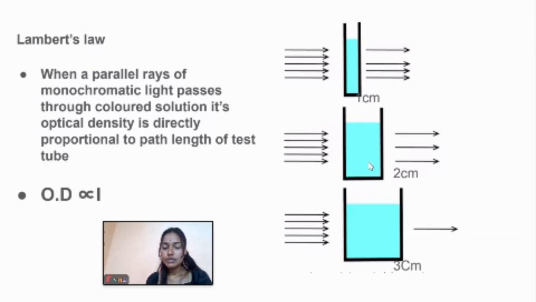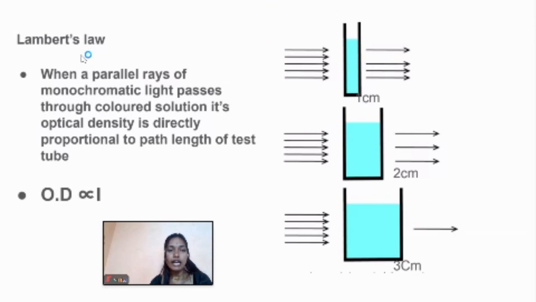In these three test tubes we are pouring the same amount, 100 mg percent of copper sulfate solution, but there is a difference only in their diameter. As I pass the monochromatic parallel light through this solution, a few of the rays get absorbed and a few get transmitted. As you can observe, the number of transmitted rays decreases as the diameter increases.